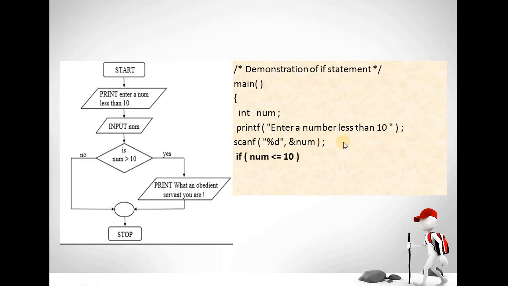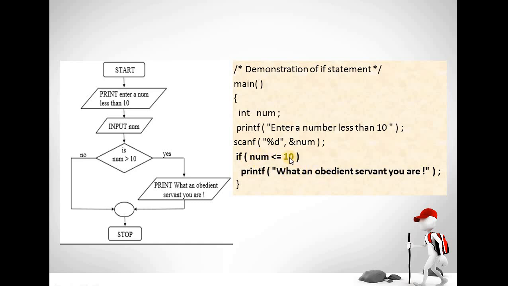Now let's see, if number is less than or equal to 10, then only what will happen? printf what an obedient servant you are. And after that your main function is closed. Now what does it mean? If this condition is true, then only this statement will be printed.